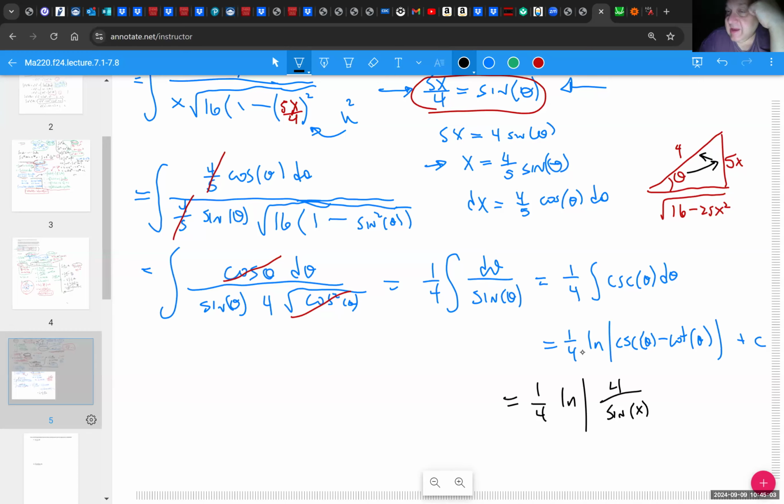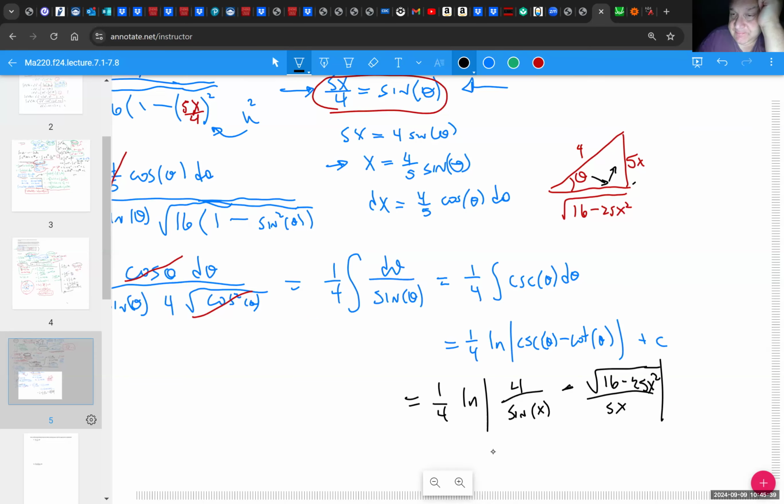And then cotangent is the flip of tangent. Tangent is opposite over adjacent, so we have to do the reverse of that. To do cotangent, we have to do adjacent over opposite. So it's going to be minus, and then adjacent is the square root of 16 minus 25x squared, and the opposite is 5x. And then we put our plus c, and we got our answer.